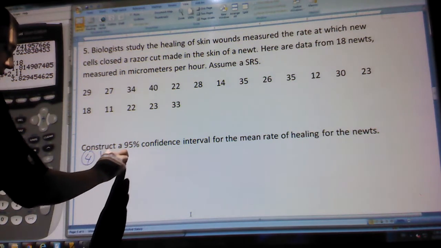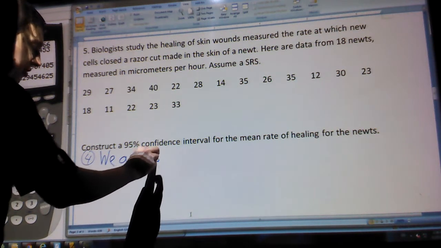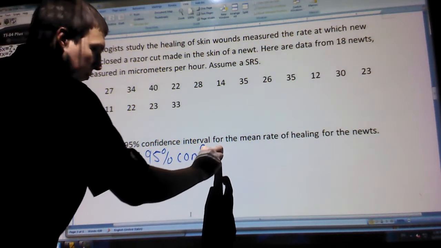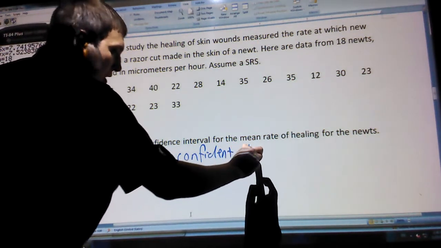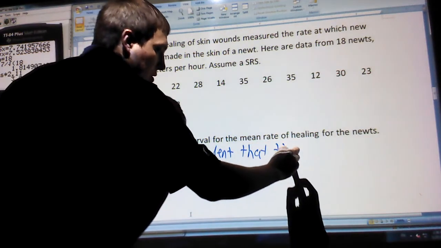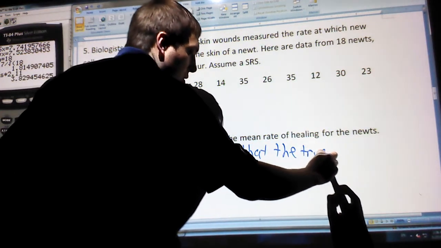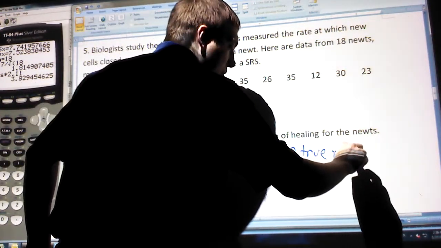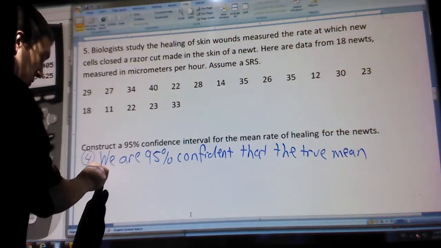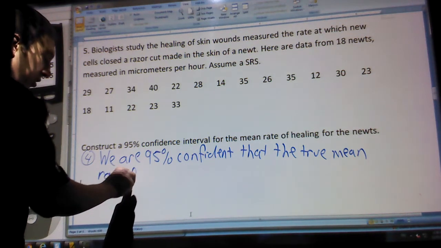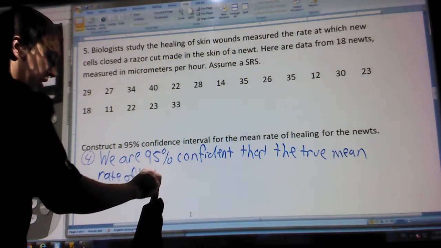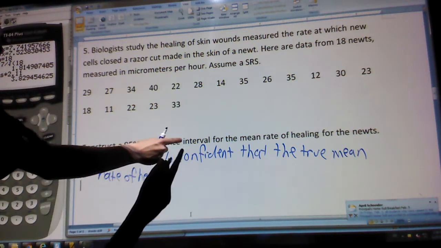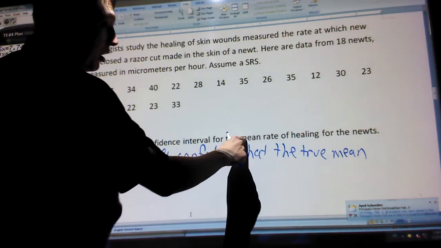We are 95% confident that the true mean rate of healing, again, this sentence at the end is really helpful. Very helpful. I just looked, what did they ask? They asked for the mean rate of healing.